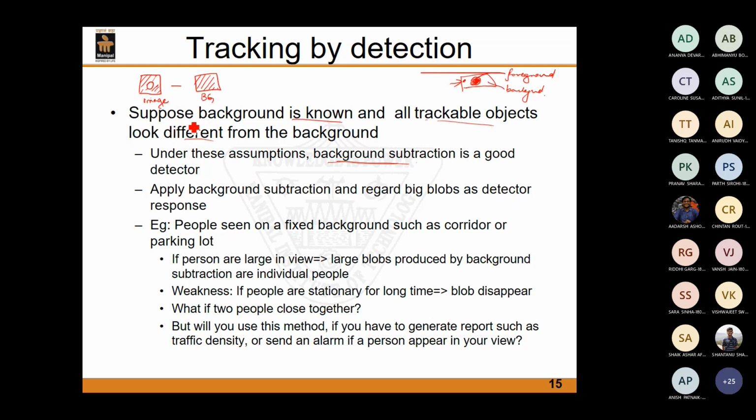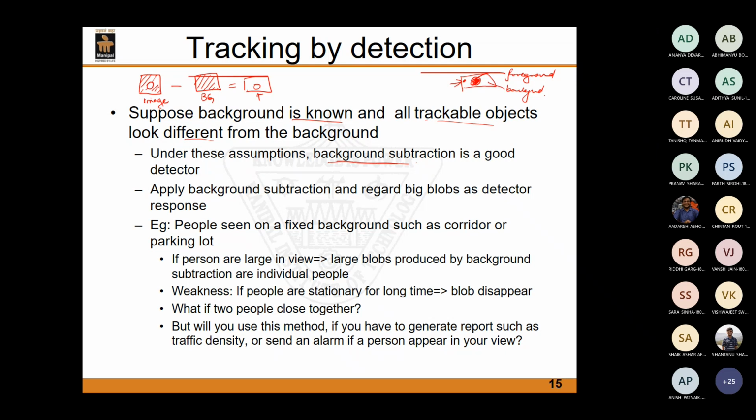What happens in the background subtraction technique is that this background, which is known to us, or in some cases is being estimated, is subtracted from this image, and what we are left with is only the foreground object. You can call this the detector response over here, right?